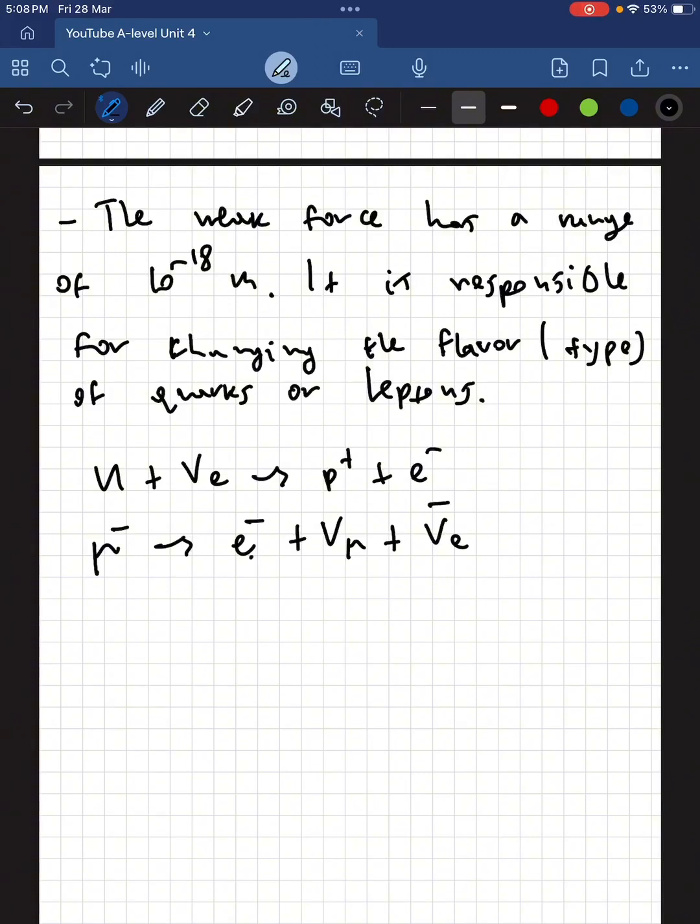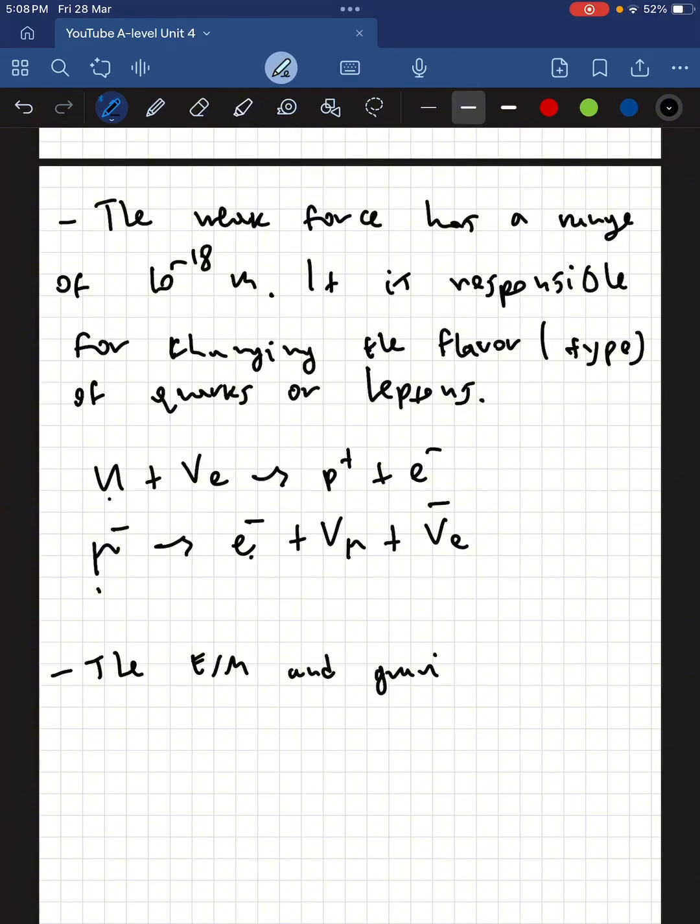Both these interactions are weak interactions because we have the change of a neutron into a proton, or a muon into an electron. So we see how we change the flavor of the lepton here and the flavor of the baryon here. So that's that.